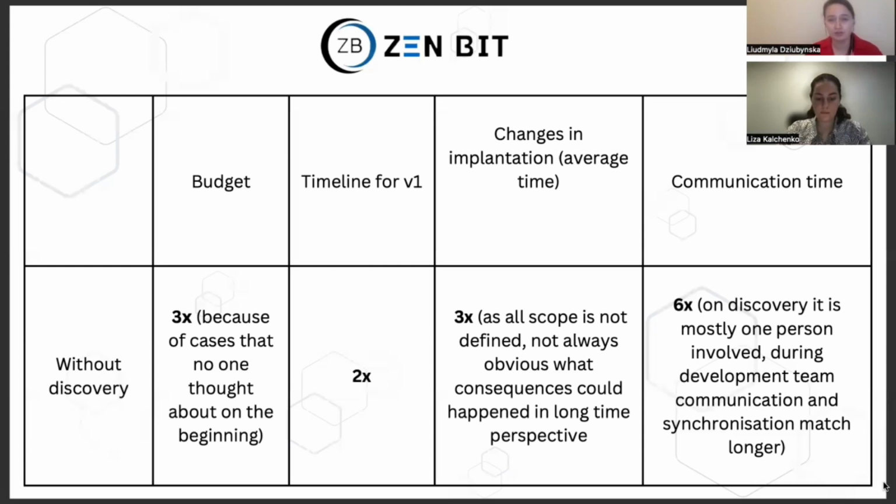Also, changes during implementation. Of course, even after discovery, even if the customer sees the prototype and everything looks clear, when you start to see the real application, sometimes some changes appear, or you see some idea during this time, and it's very often that a change request comes.